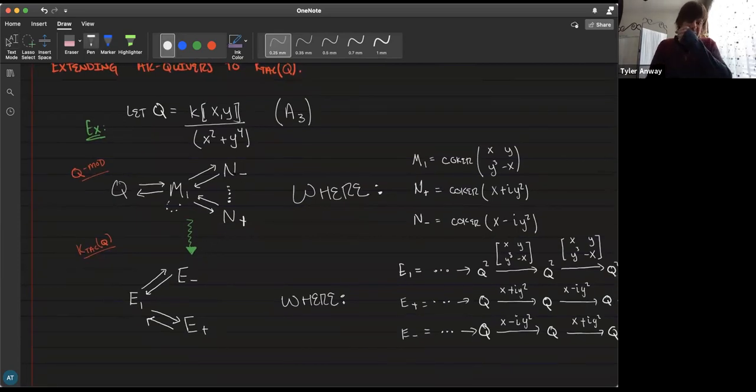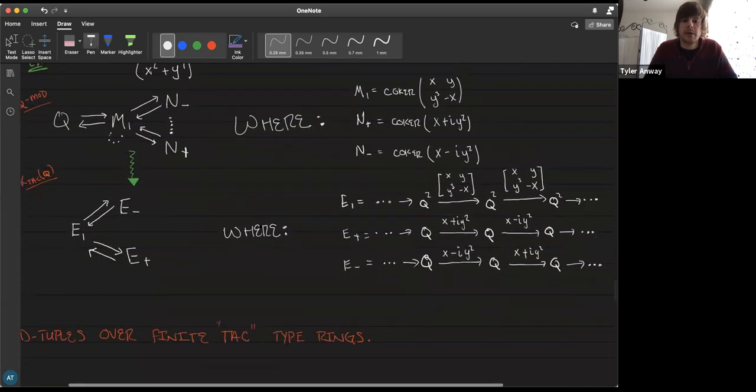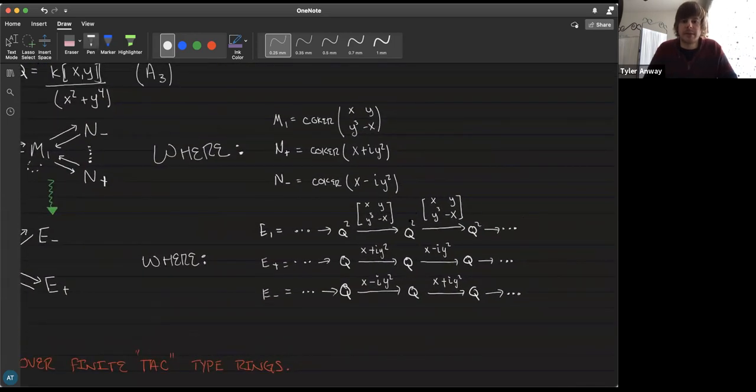But this AR quiver here has an extension into totally acyclic complexes as follows. So this M1 extends to E1, N minus extends to E minus, and N plus extends to E plus, where these are given by these totally acyclic complexes here.